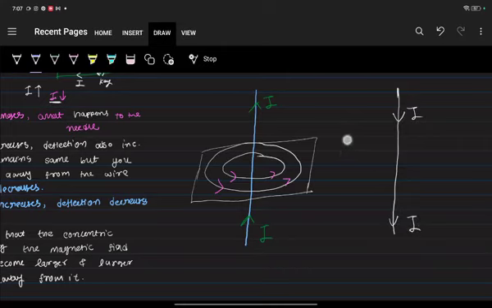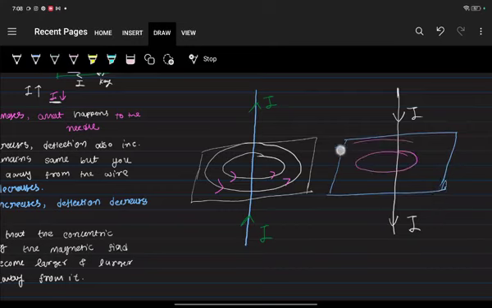No, we have reversed the direction of electric current. The initial direction of magnetic field lines was in this direction when the current was in the upward direction.